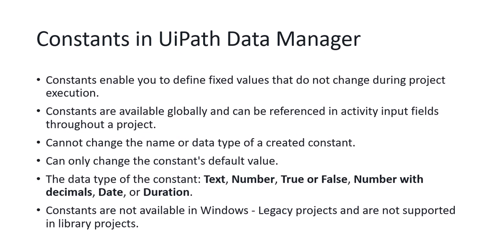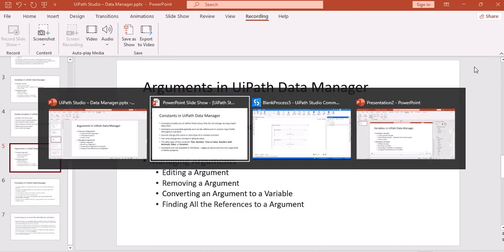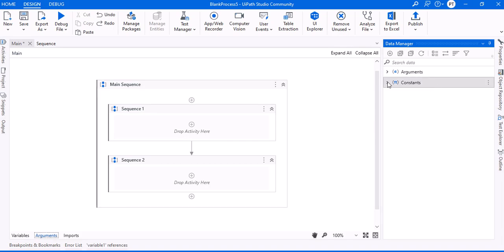So let's go ahead and quickly see that demonstration within UiPath Studio. Just like other argument and variable nodes, there is a separate node called Constant inside the panel, and just like argument, you can create a constant from the top menu.